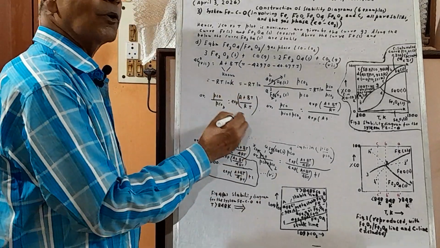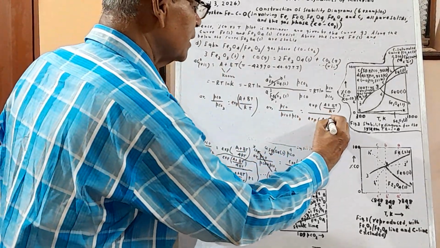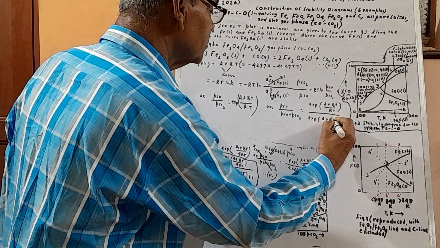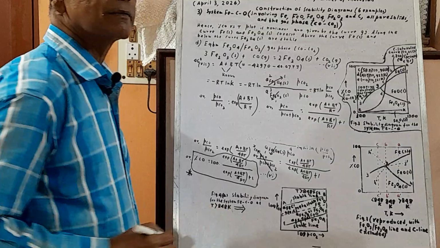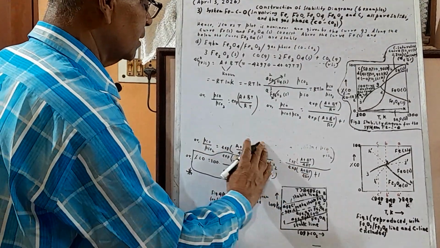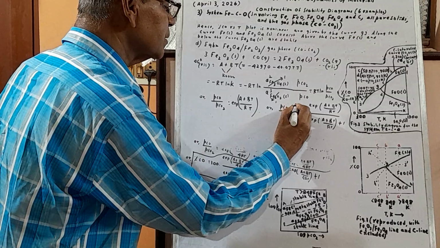If you consider the whole is the numerator, then the denominator is what? 1. So that's why 1 is coming. This is known as XCO, the mole fraction.